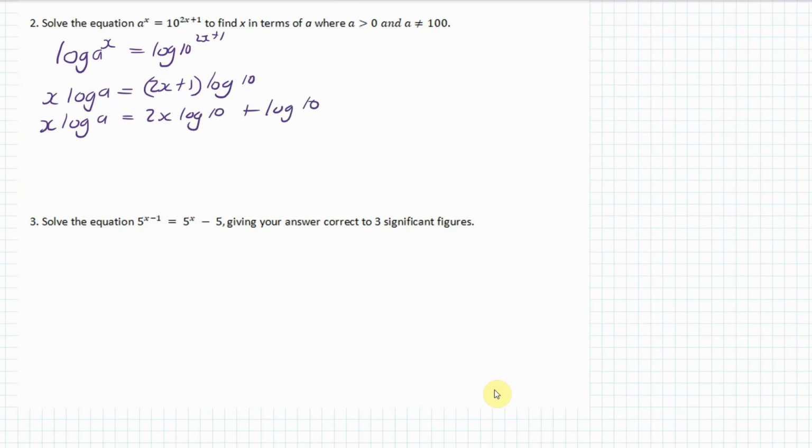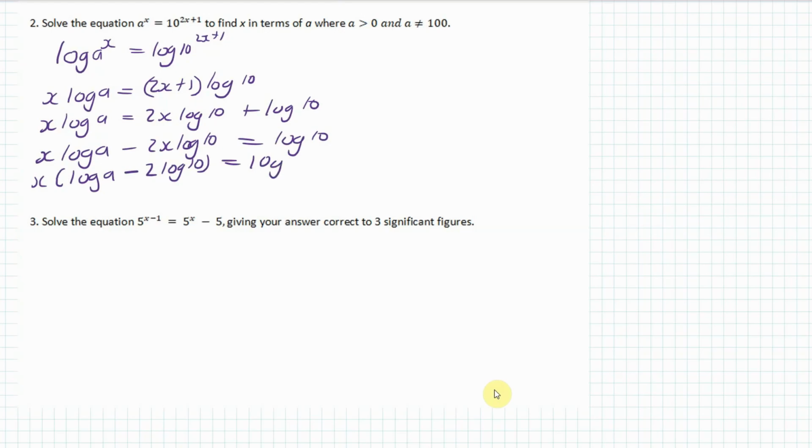Now we bring the x log a minus 2x log 10 equals log 10. I'm going to factorize out the x's, so I get x into (log a minus 2 log 10) equals log 10. Hopefully you're following my logic so far.